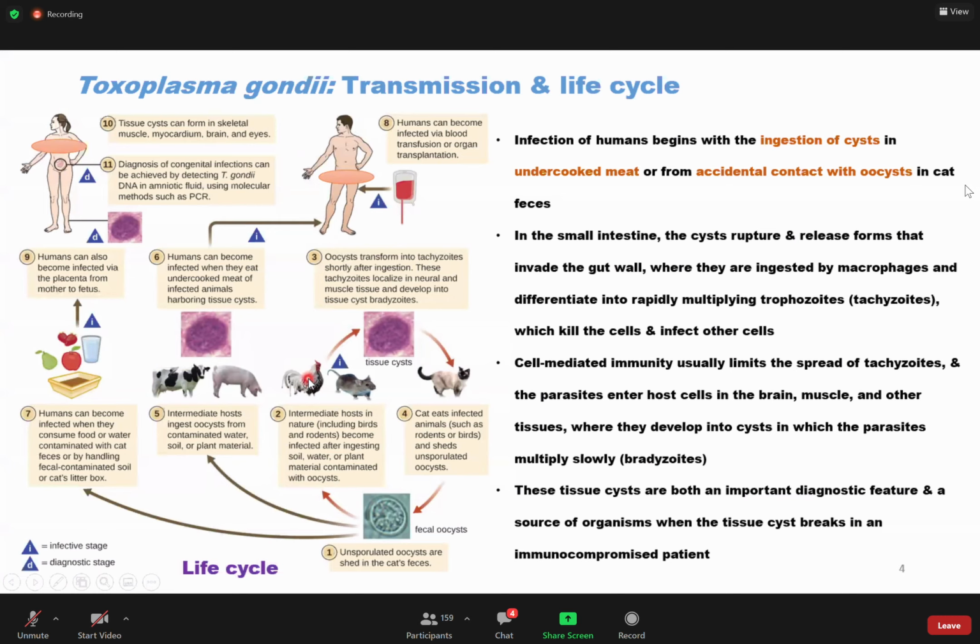In this intermediate host, the infected oocyst transforms into what we call tachyzoites and eventually into bradyzoites. These bradyzoites are usually enclosed in a cyst, so we see them as tissue cysts. Now, when a cat feeds on the intermediate host, the tissue cysts are ingested and the life cycle continues. So this is the usual thing that happens with this parasite.